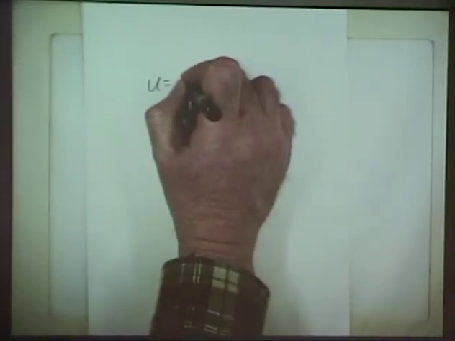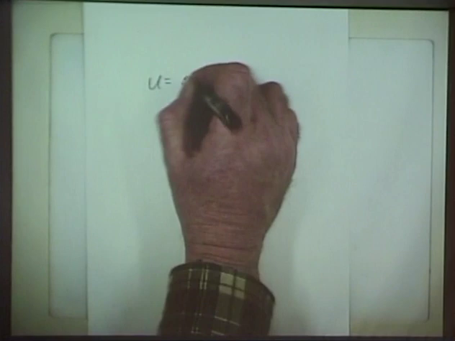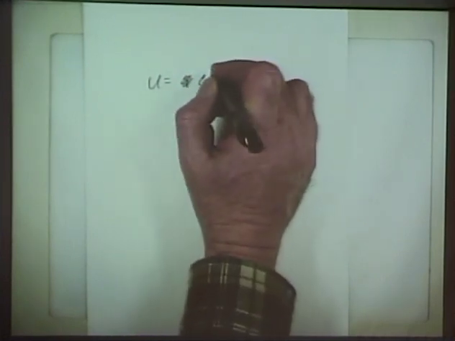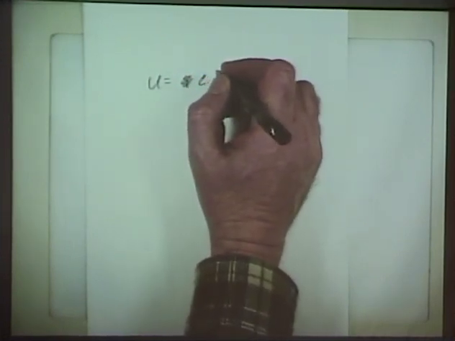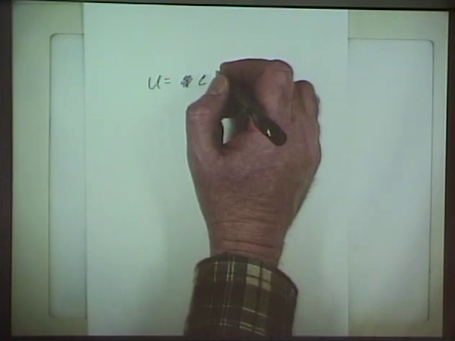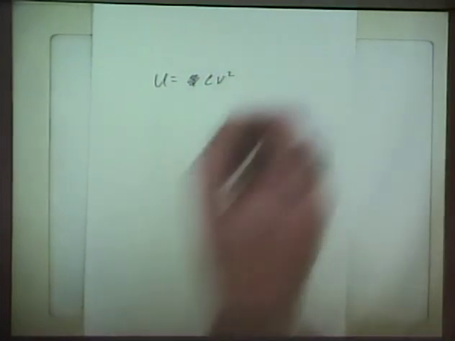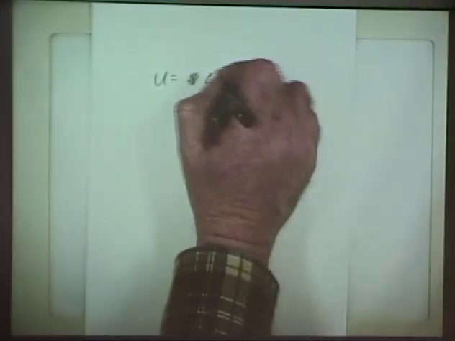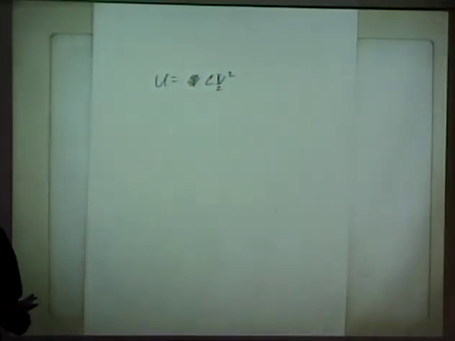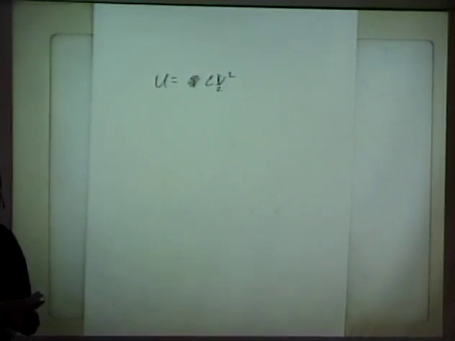So some people got the advantage. Thank you, Bethany. All right, so U is equal to 8C. The original U is equal to C times 1/2 V squared, right? Hold on a second.